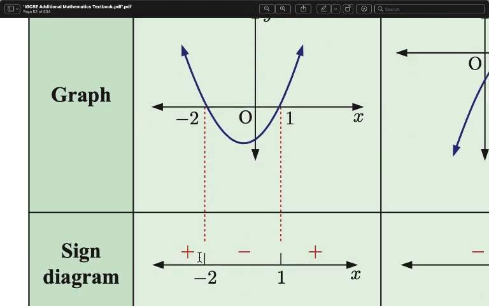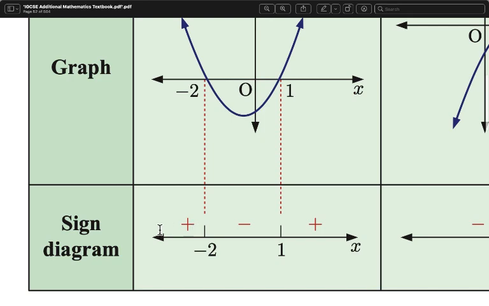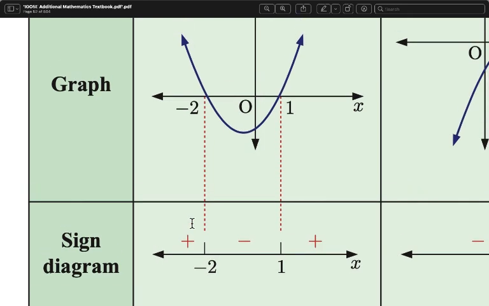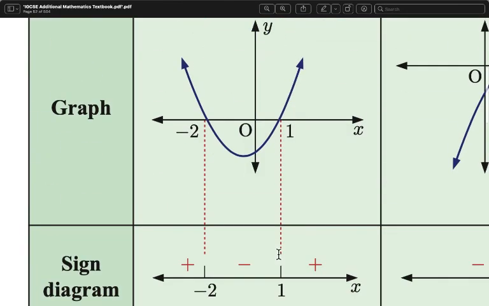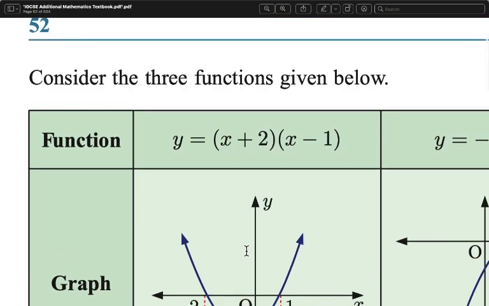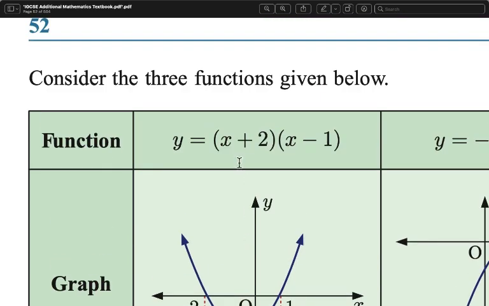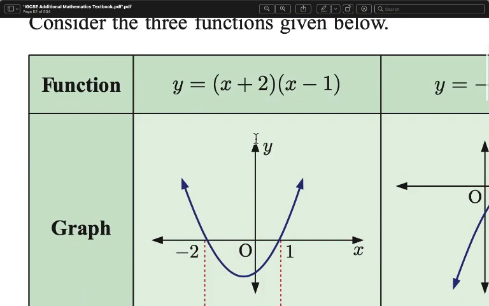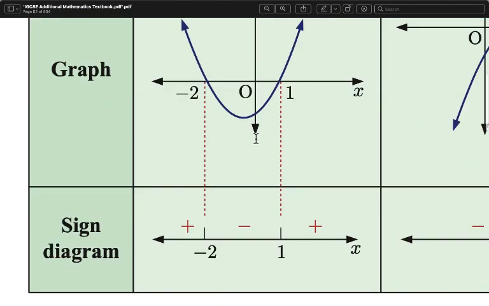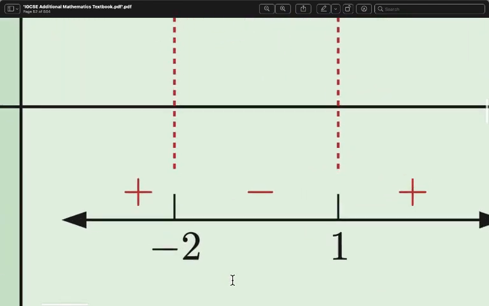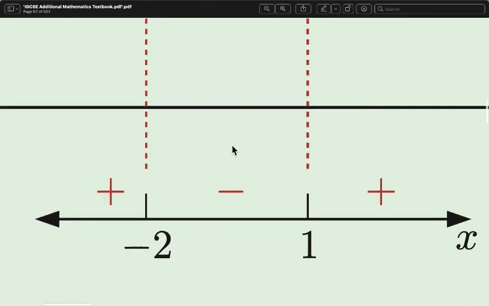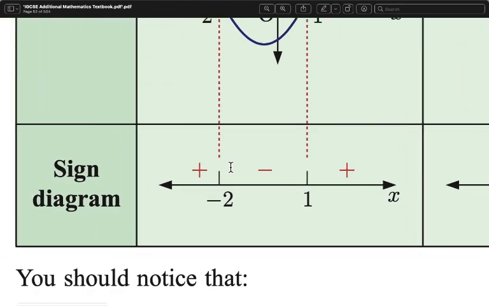So the sign diagram of any value below minus 2 is positive. And now you test the range between minus 2 and 1. The simplest way is to get x equals 0. So the function will be minus 1 times 2, and the y value will be minus 2. As minus 2 is below 0, the sign diagram will come out as negative.